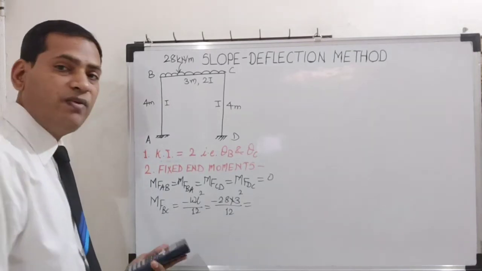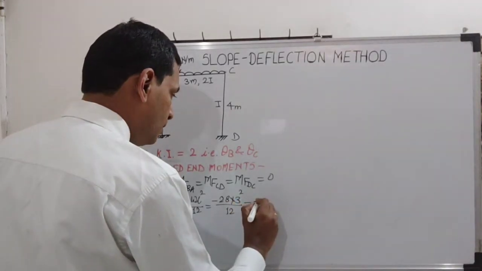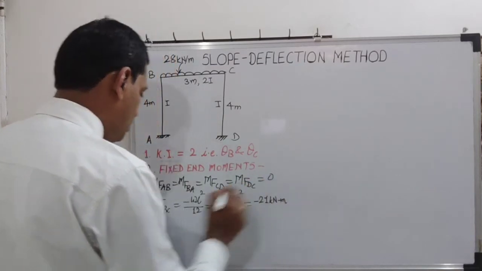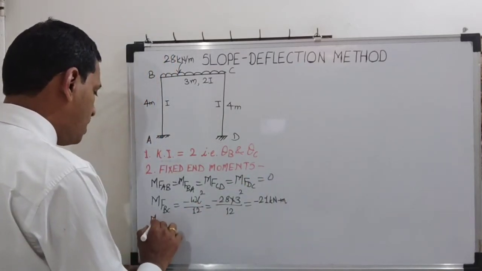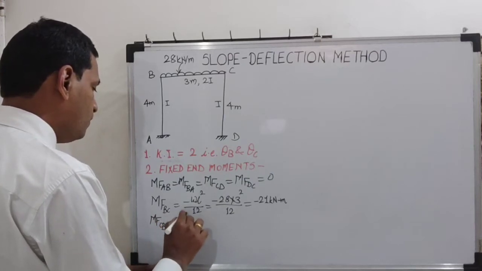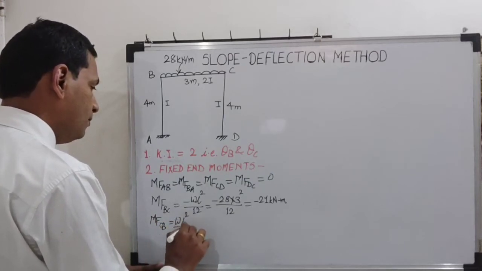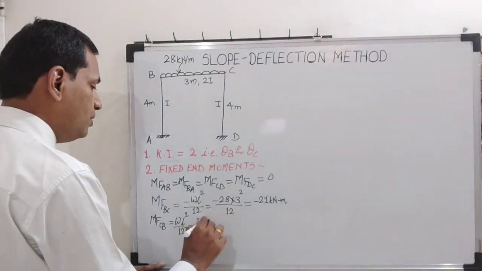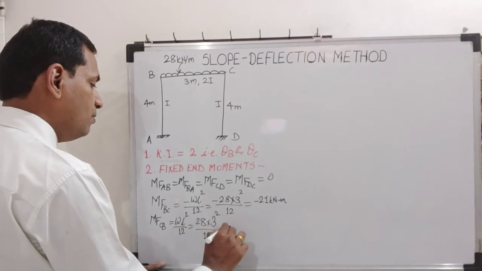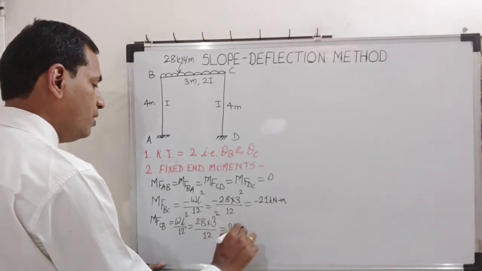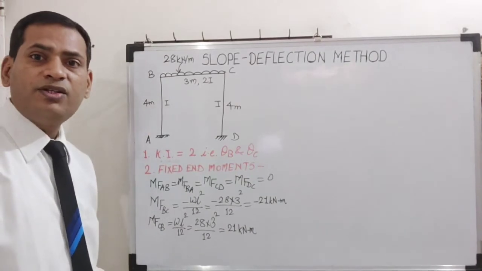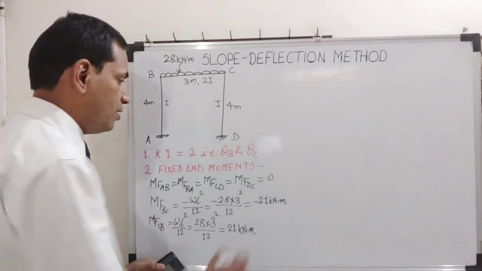So it is minus 21 kilonewton meter. Come to the next part, MFCB. It will be plus WL square upon 12. So it is 28 into 3 square upon 12. So the value is plus 21 kilonewton meter.